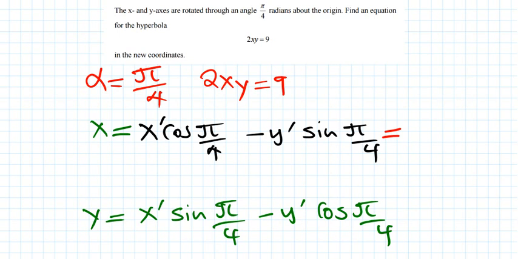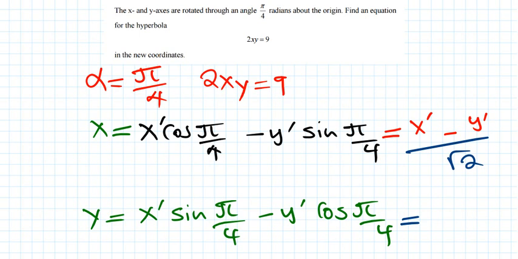So we are going to have x prime cosine pi over 4, I've said is 1 over root of 2. So when you multiply x prime with 1 over root of 2, it's the same as just x prime over root of 2, and then minus y prime as well over root of 2, since we're multiplying by 1 over root of 2. Okay, which you can actually just now combine the denominator since it's the same, so you can just say over root of 2. Do the same for the other one.